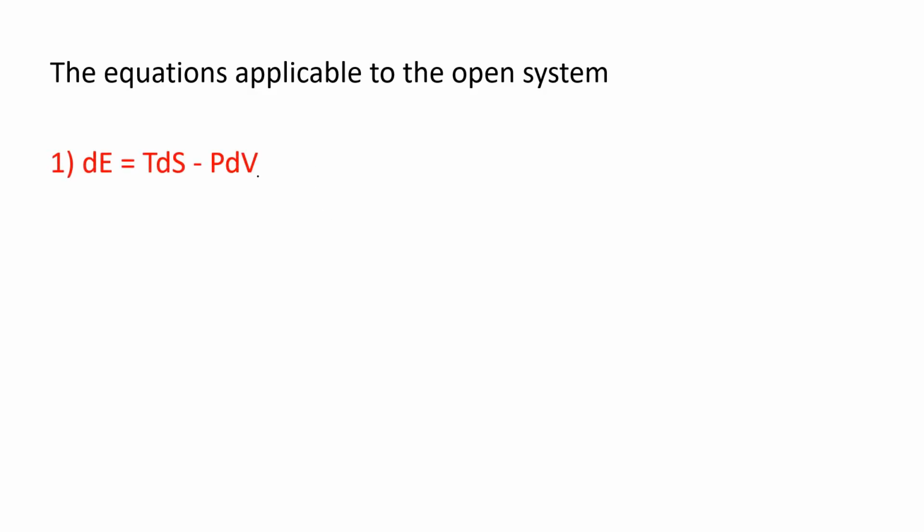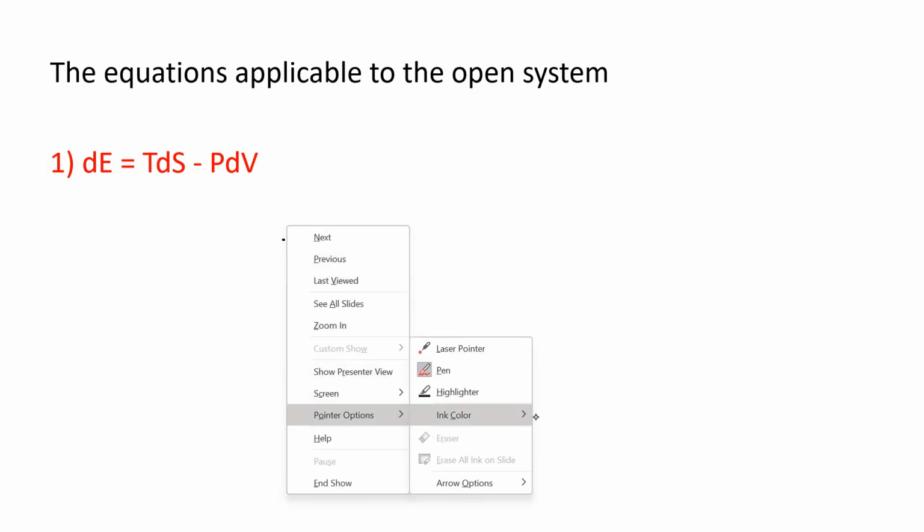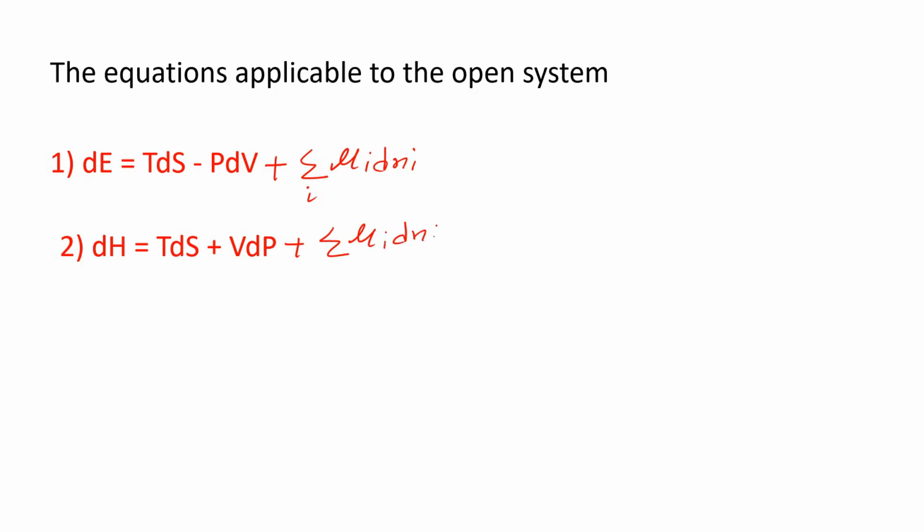For closed systems, I have already derived the Gibbs equations in my earlier videos. Now for an open system, what will it be? I just have to add the term related to the number of moles, that is, mu i dNi. Then number 2, dH is equal to TdS plus VdP, and I have to add the summation for i equal to 1 to j of mu i dNi.